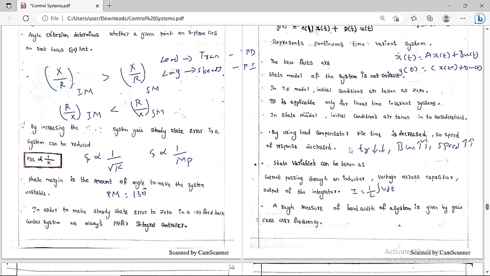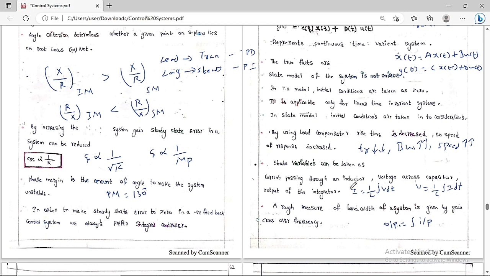What is the voltage-current relationship across the capacitor? I is equal to C dV by dt, then V is equal to 1 by C integration of I dt. Similarly, for an integrator, the output is equal to the integration of the input. So if any variable is the integration of another variable, then it is called a state variable.